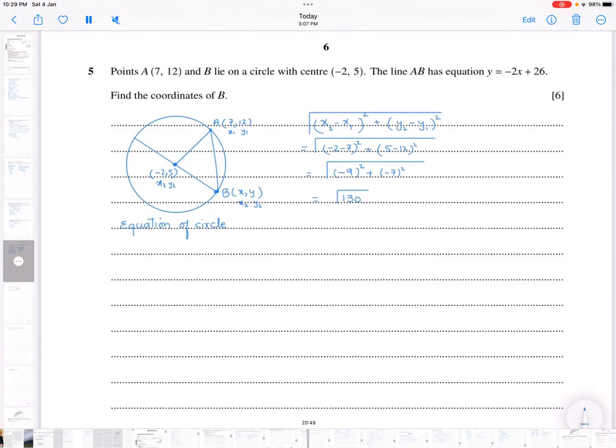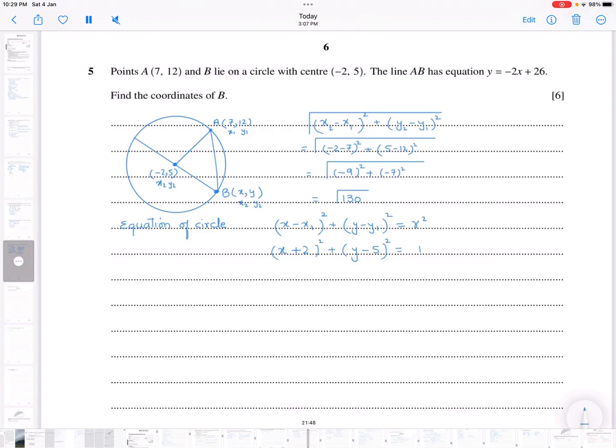Now the equation of a circle, (x minus x1) whole square plus (y minus y1) whole square equals r square. So now put the values in. So x minus, it becomes plus because you have got -2, whole square, and then y plus 5, so plus minus makes minus.